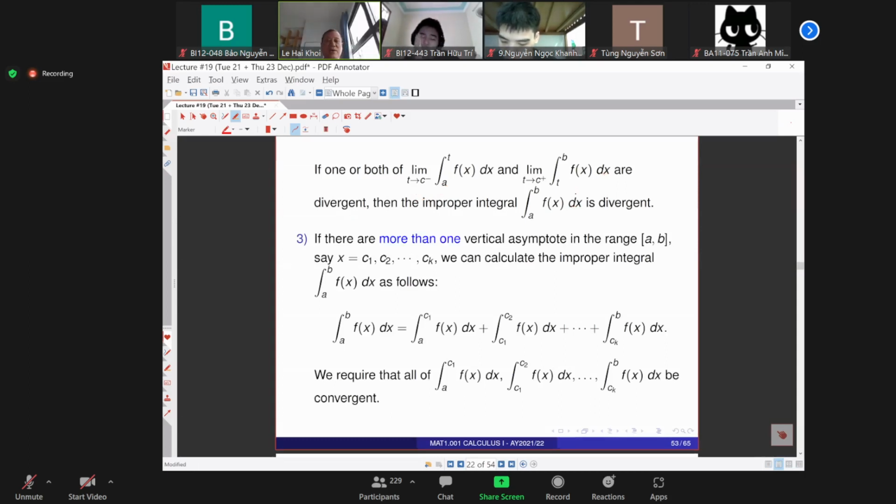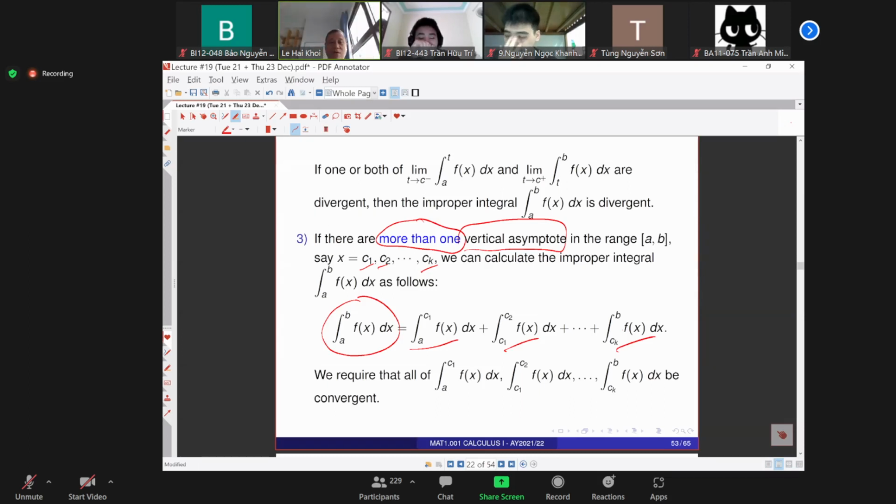This situation can be generalized to the case where you have more than one vertical asymptote in a b, for example c1, c2, ck, at which f has a vertical asymptote. Then we split the given integral into a finite number of improper integrals of type A and B, and then you work on that.